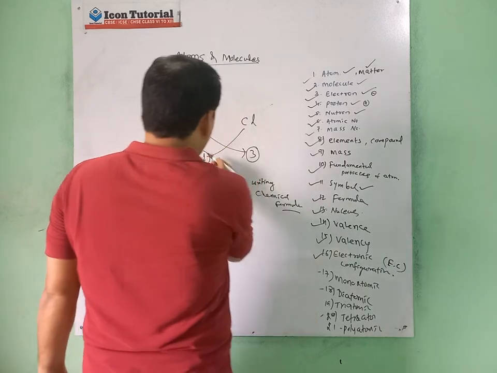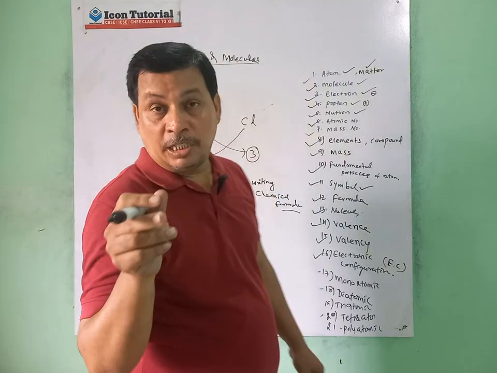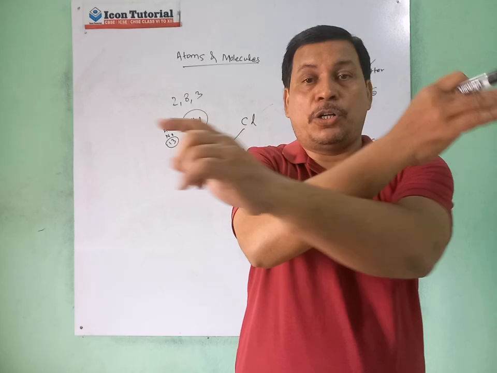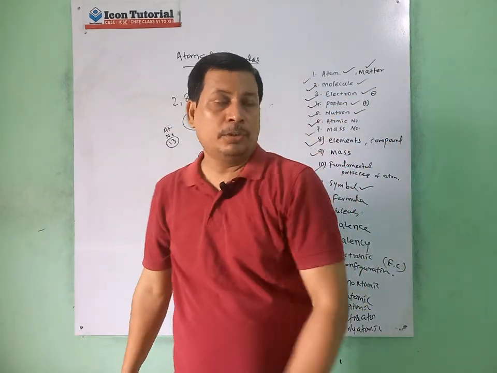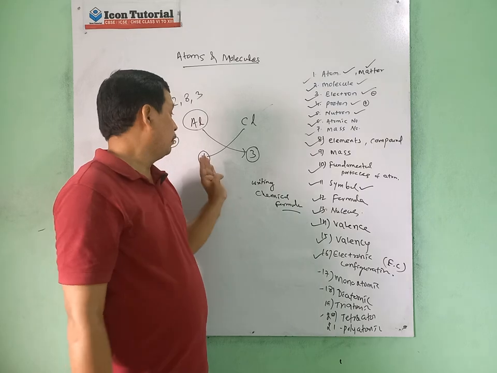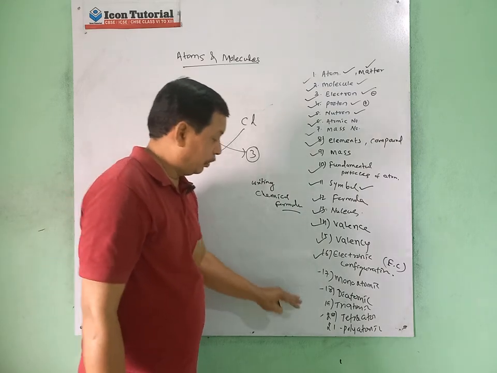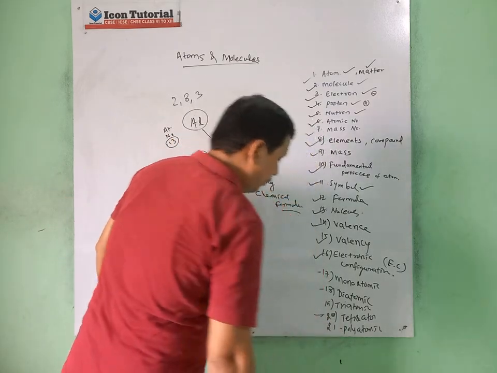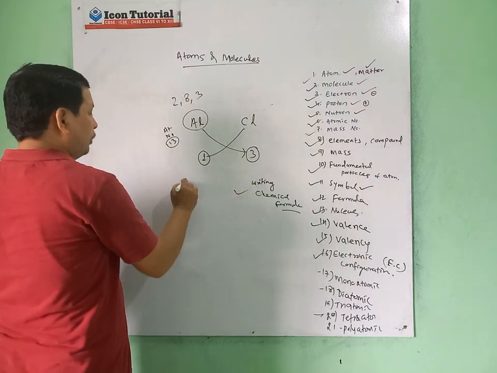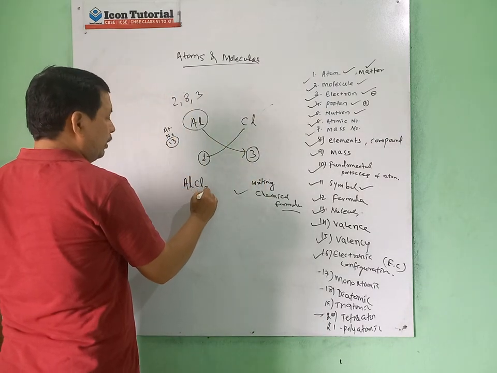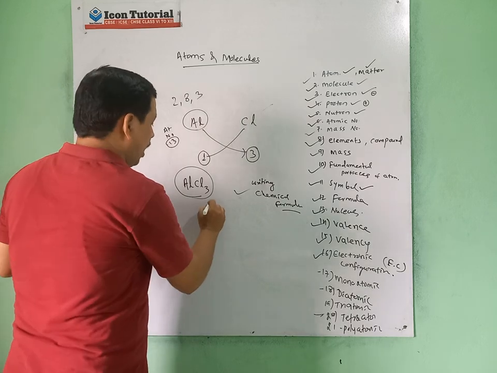So here, aluminum valence goes to chlorine, chlorine valence goes to aluminum. Criss cross. Remember valence. So that is known as what? Aluminum chloride. Understood? So in this way you can write the chemical formulas. So this is finally aluminum chloride, AlCl3.